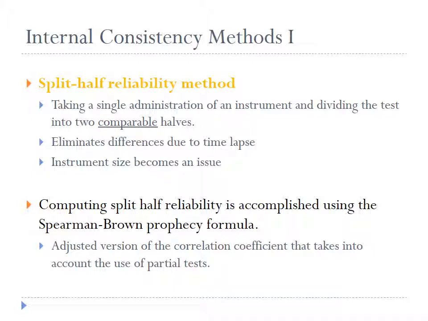Therefore, when using the internal consistency split half method, it's best to divide the instrument in half by odds and evens. This way there's an equal representation or balance of easier, mid-level, and challenging questions.